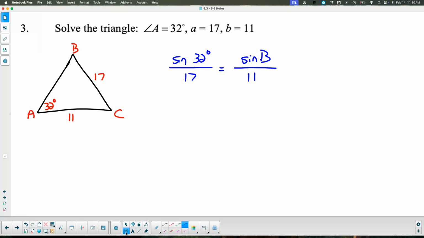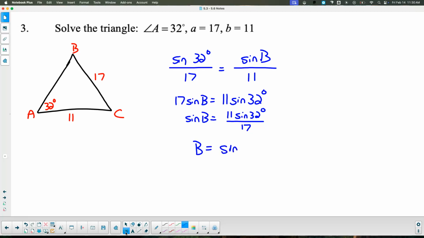Okay? Still cross multiplying it like normal. Still dividing it by 17. Still taking the inverse sine. So to find an angle, remember we have to take the inverse sine.